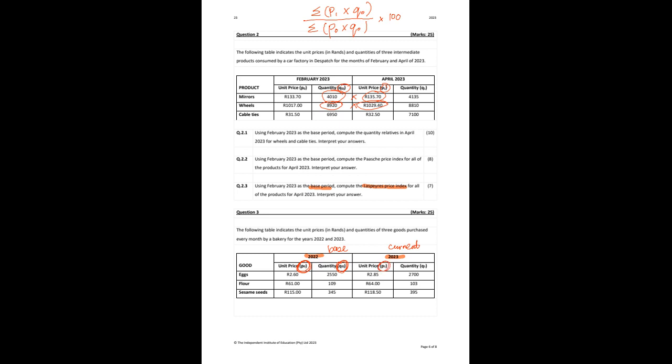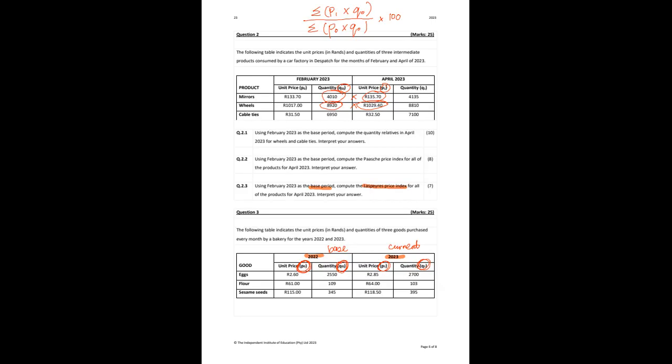So they said to you in question 1 here, again, very carefully, let's read through what they say to you. Using 2022 as a base year, you would need to compute the price relatives in 2023 for eggs and sesame seeds. So firstly, you're only doing it for 2 items.